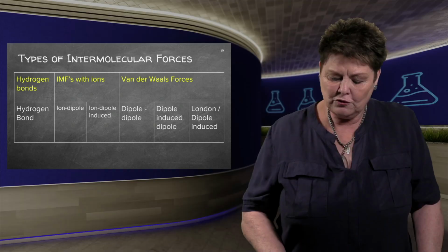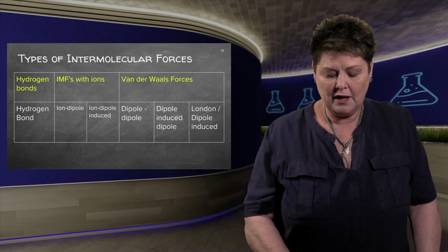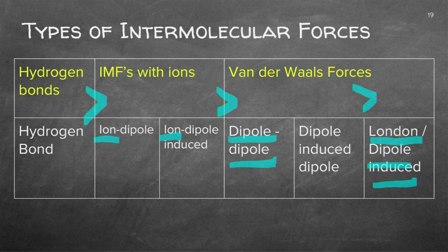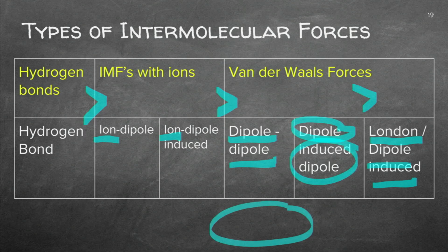Guys, you have to know which ones will be stronger. The hydrogen bonds will be stronger than the ones with the ions, which will be stronger than the dipole-dipole, which will be stronger than the London or the dipole-induced. Remember, I can also have a dipole with an induced dipole. That's, for instance, when I have a dipole and I'm bringing it nearer to a neutral.